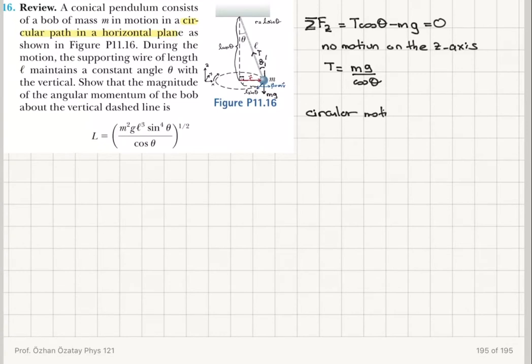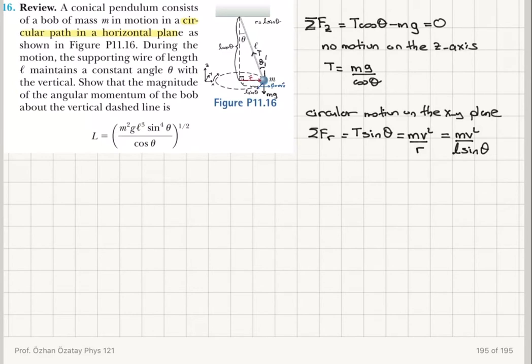On the other hand, I have motion on the xy plane, and it's a circular motion. So I need to have a radial force. The net radial force I have is T sine theta, and this must be equal to, from my knowledge of circular motion, m v squared divided by r, where r is the radius of the circle.